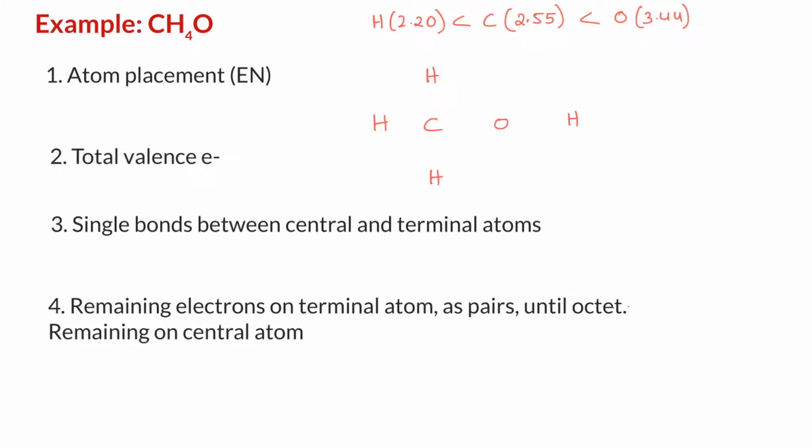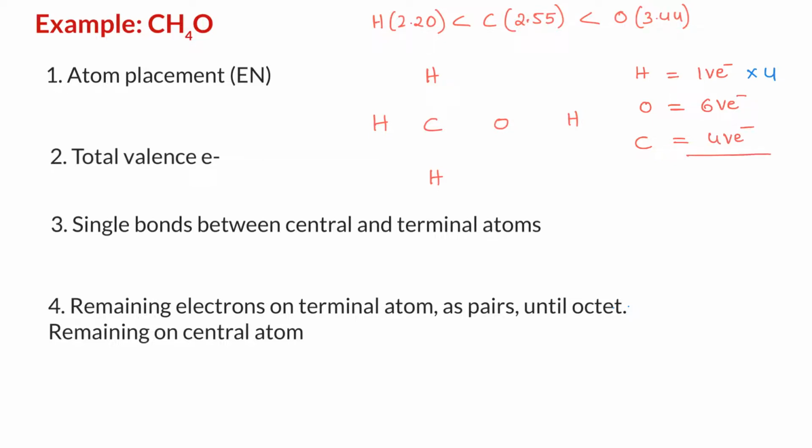Next, let us count electrons. Hydrogen belongs to group 1A, so it has 1 valence electron. However, there are 4 such hydrogens, so I am going to multiply it by 4. Oxygen belongs to group 6A, so it has 6 valence electrons. And carbon belongs to group 4A, so it has 4 valence electrons.